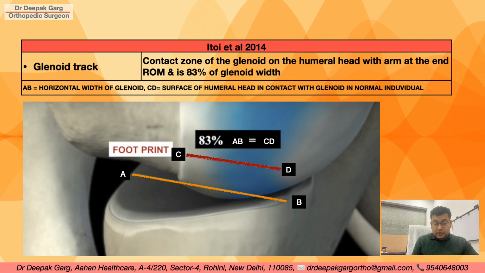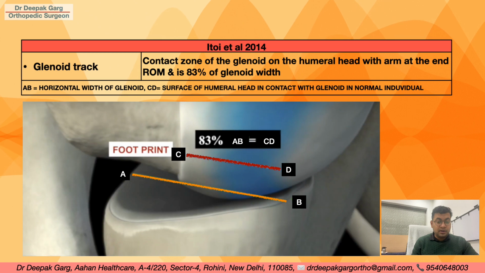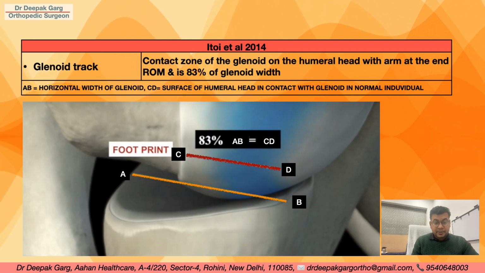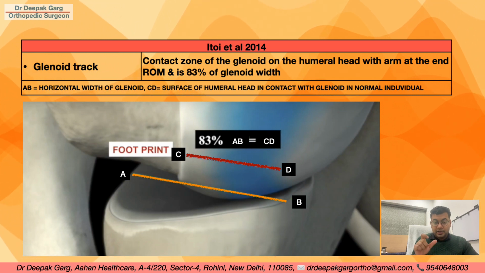Usually in a normal individual, without any Hill-Sachs or Bankart lesion, without any dislocation, the amount of the humeral head in contact with the glenoid is 83%. In this picture we can see AB is the glenoid horizontal line and CD is the amount of the humeral bone that is in contact with the glenoid.